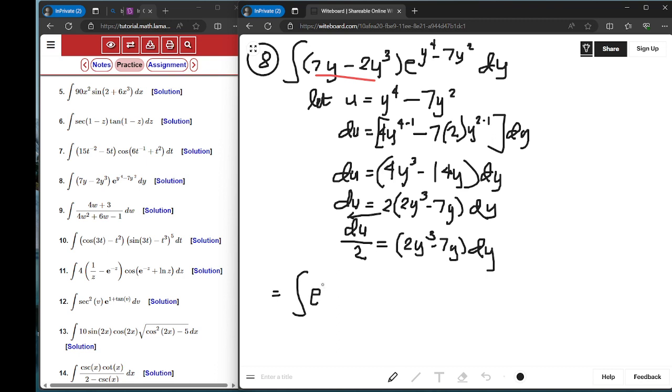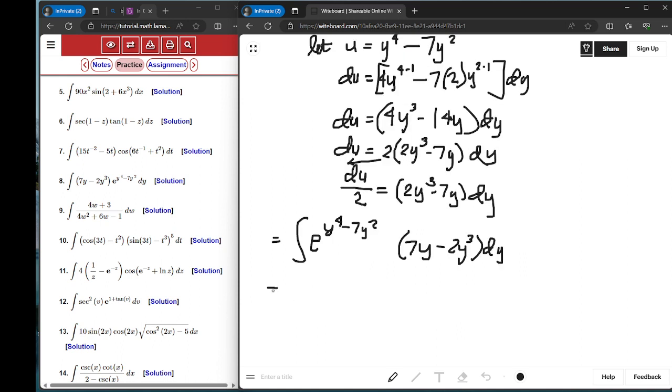So that's y to the fourth minus 7y squared times 7y minus 2y to the power of 3 dy. So we'll have y to the fourth minus 7y squared, then 2y cubed plus 7y dy.